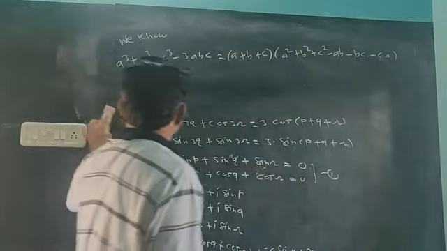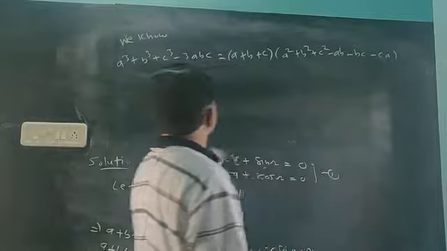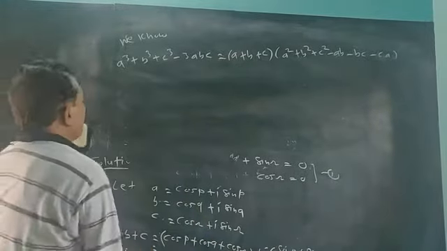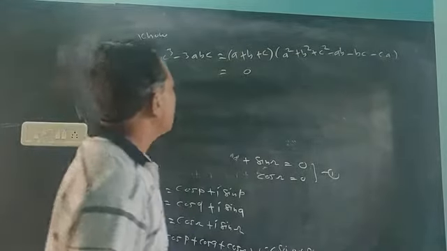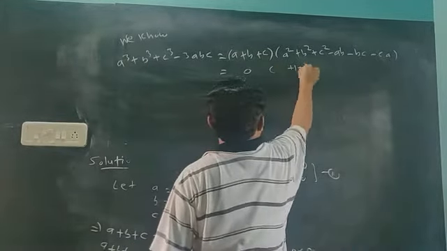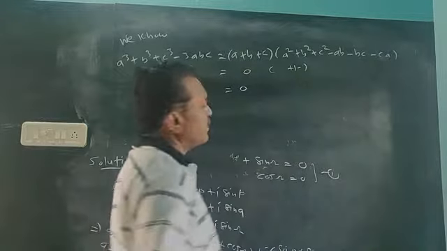This is a factor formula at high school level. Now here a plus b plus c is 0, so 0 times the other factor.